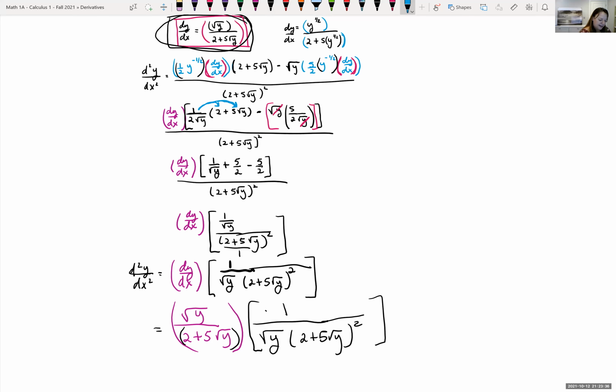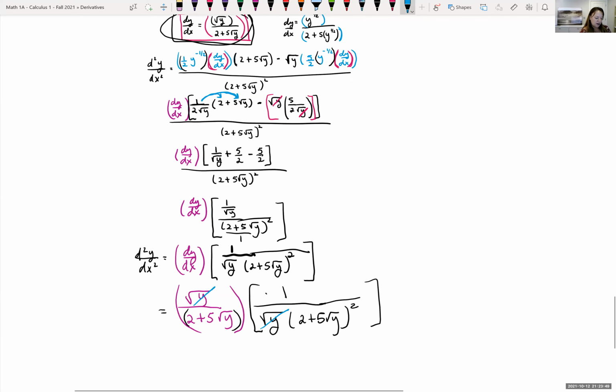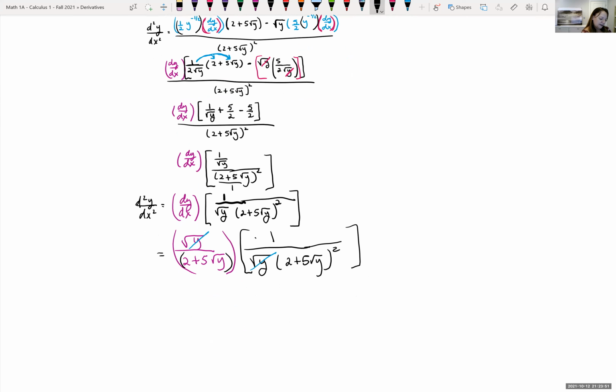So square roots of y cancel with one another. And now notice that we have a 2 plus 5 square roots of y times a 2 plus 5 square roots of y quantity cubed. And so we can rewrite that as 1 over the quantity of 2 plus 5 square roots of y to the third power, because we have the same base with exponents.